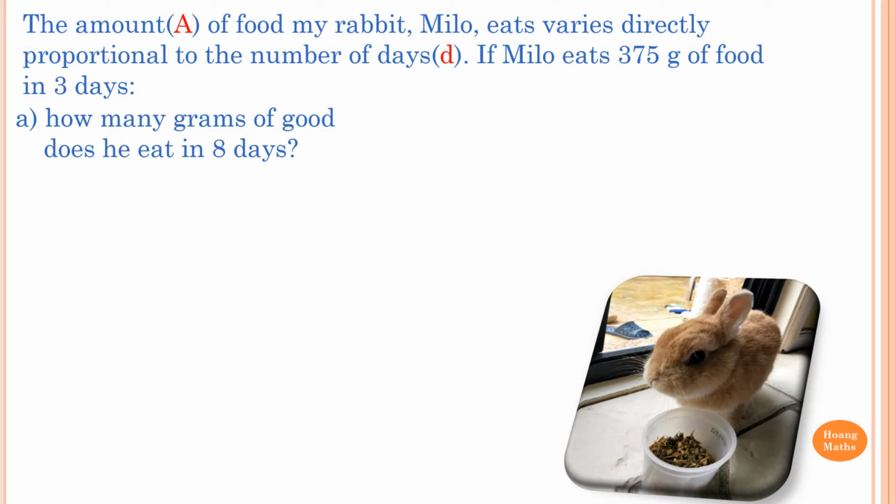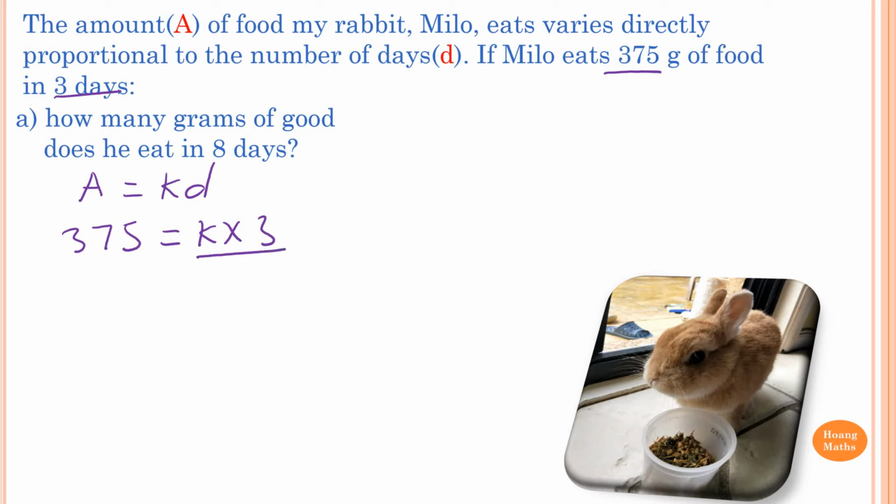Part A. We know that A is directly proportional to D. So we just write A is equal to KD. Now, Milo eats 375 grams of food in 3 days. So 375 grams is equal to K times the number of days, so that is 3.